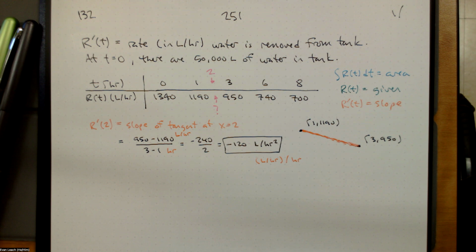When we have to make stuff up to estimate, just use the simplest thing that makes sense. That is connecting these with a line. So this means that the rate at which water is being removed from the tank at 2 hours is decreasing by approximately 120 liters per hour per hour.